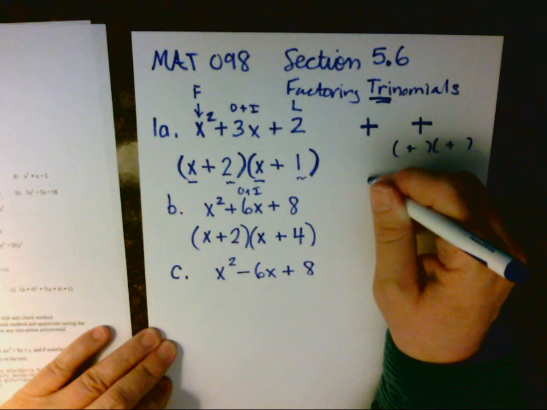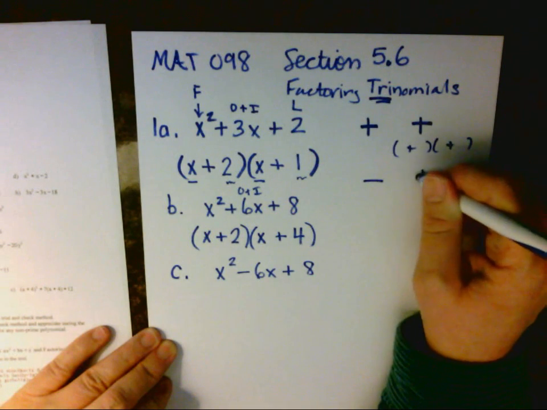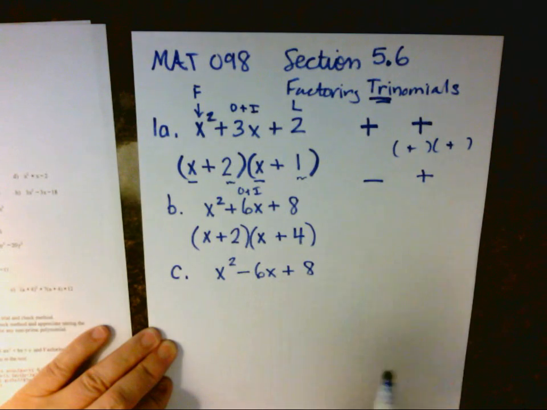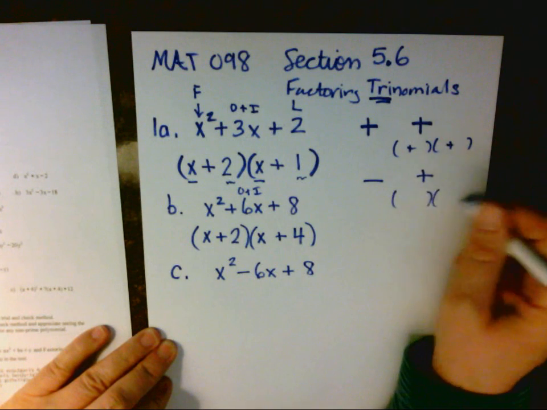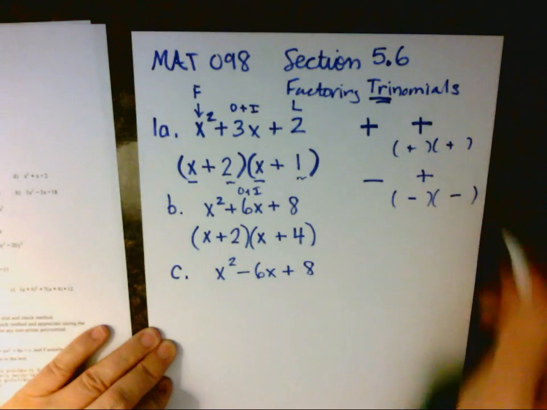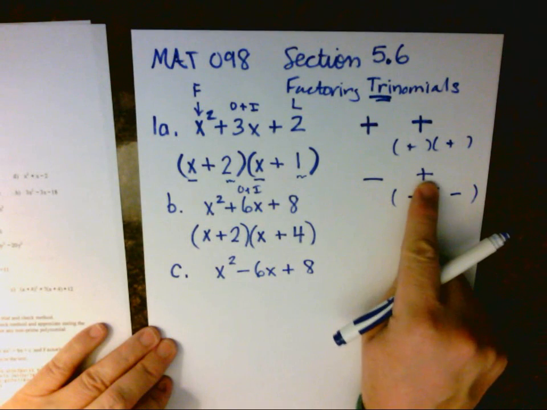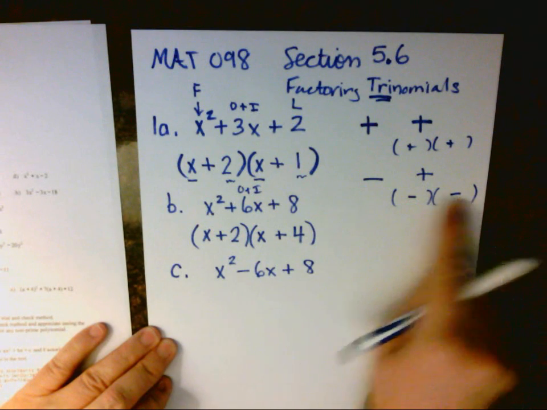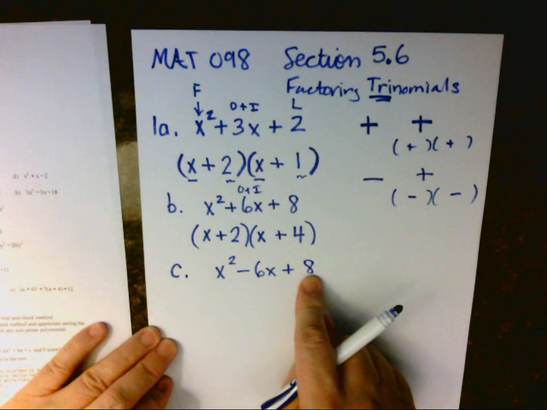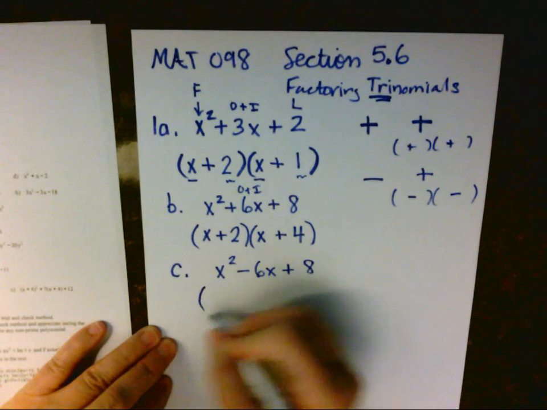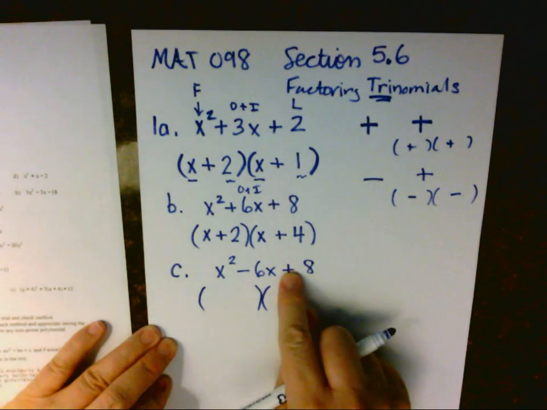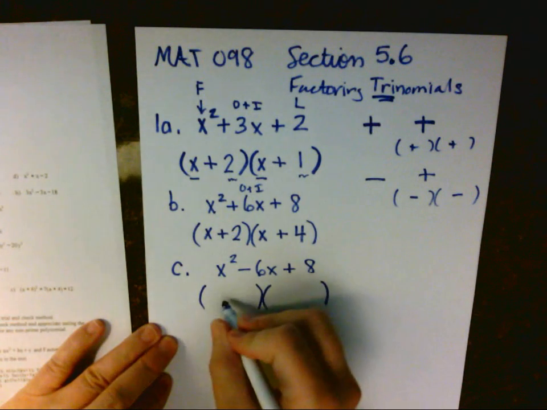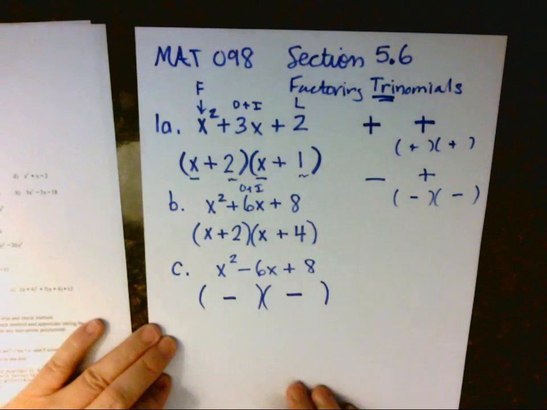When you have a trinomial that has a negative and a positive, like this one, a negative and then a positive, then the factors will both have to be negative, okay? Because the only way to get this positive at the end is if we have a negative number last times the other negative number last, making the positive number at the very end, okay? So anytime it ends with a positive here, it's going to be either both positive or both negative, and here this tells us it has a negative for both of these, okay?